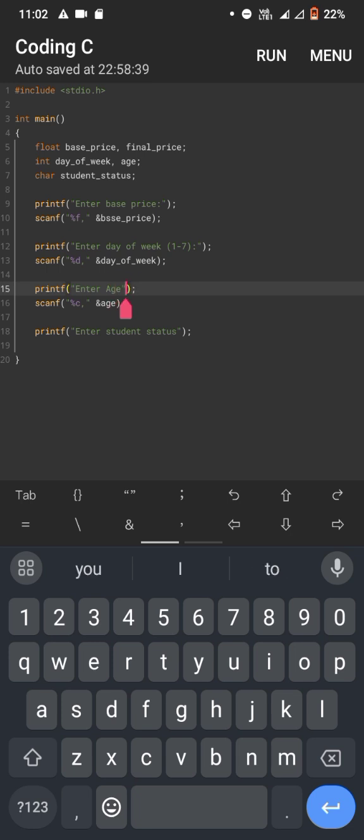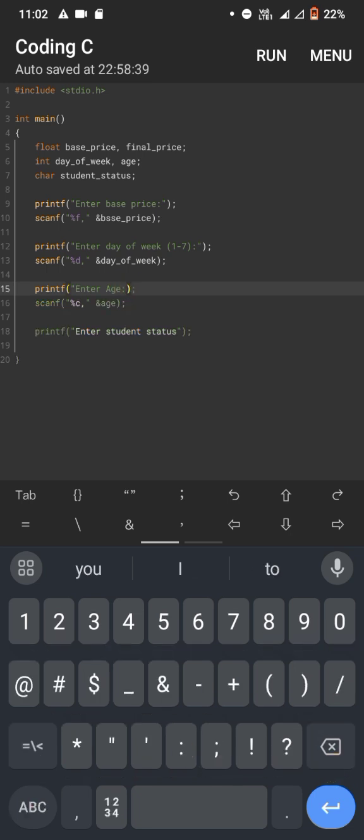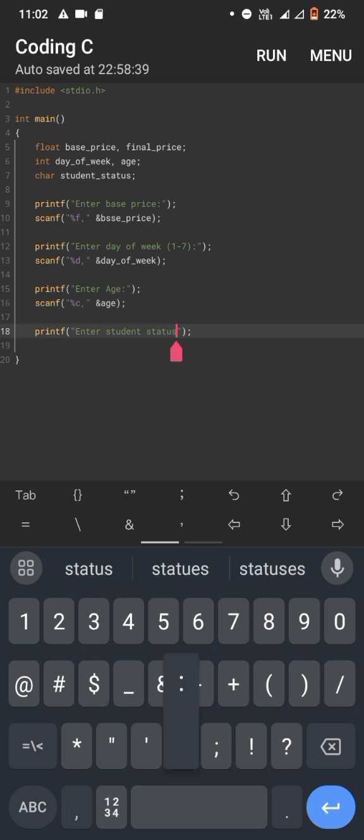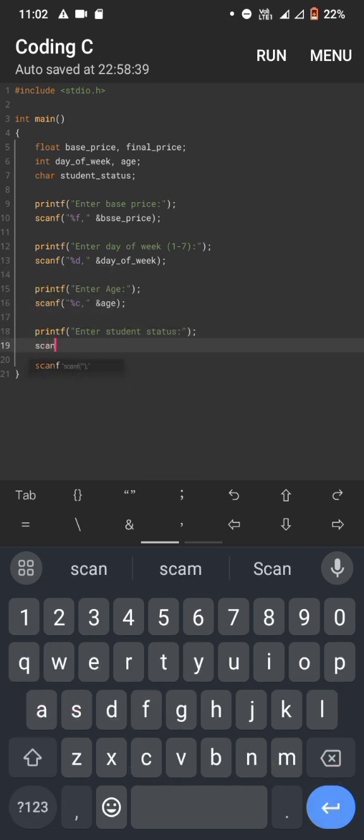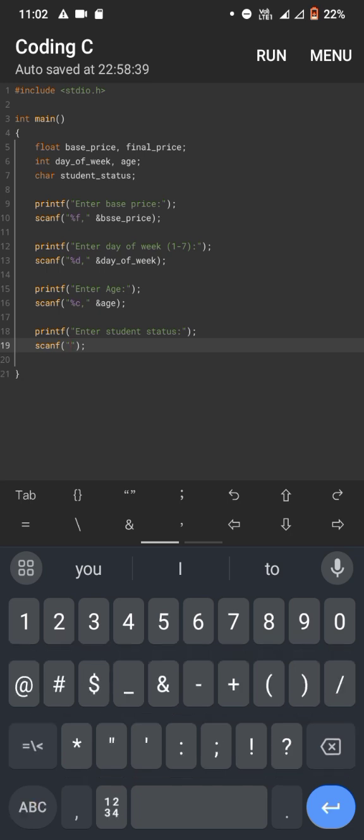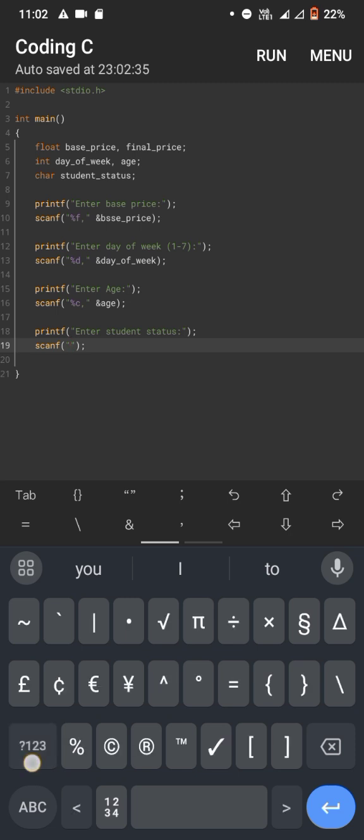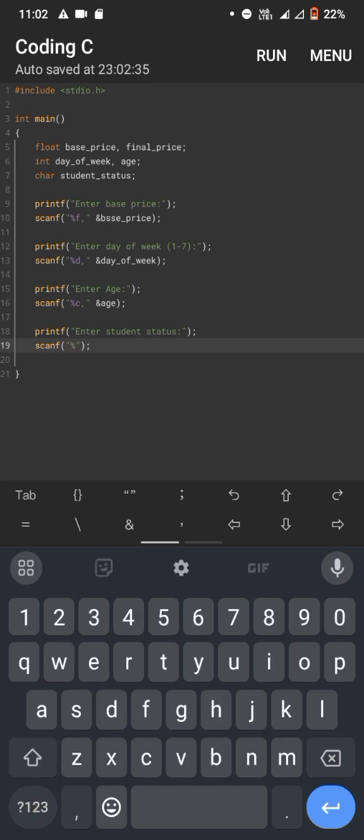Then scanf percent c, and student status.